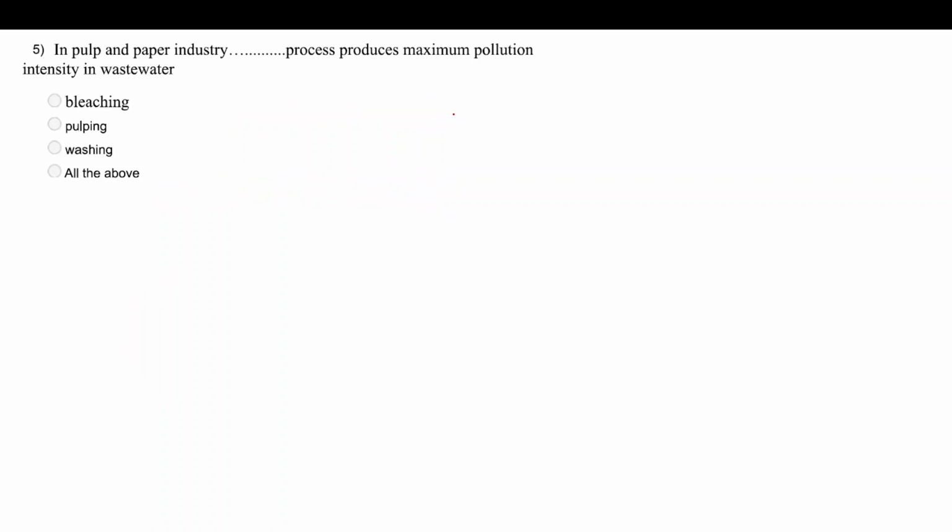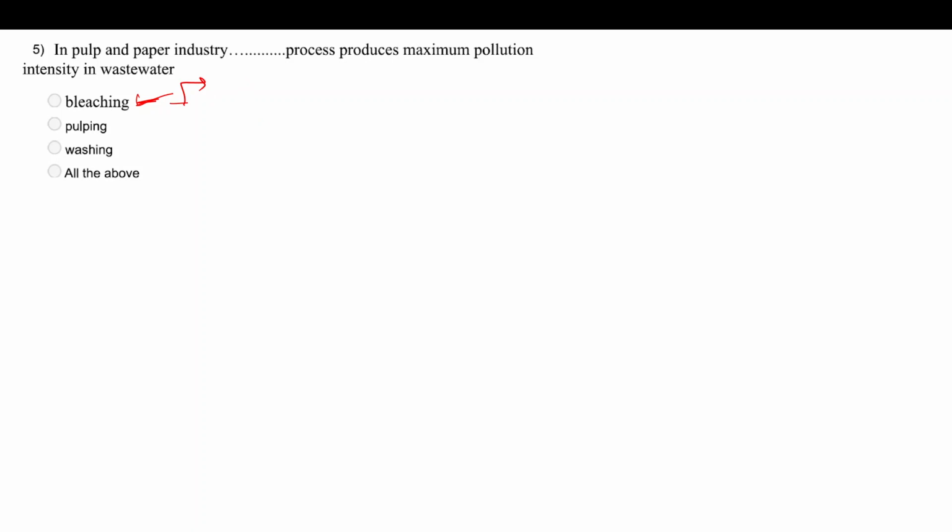Next question is, in the pulp and paper industry, dash process produces maximum pollution intensity in wastewater. All the above. No, you are asked maximum, so bleaching is the correct answer, because bleaching is the one where you remove the lignin, which converts extremely dark brown pulp into white. Firstly, why does it generate such a high quantity of wastewater?